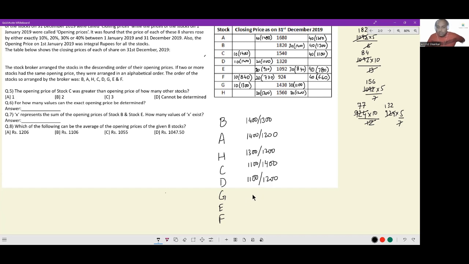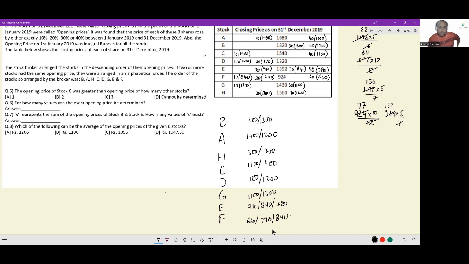For G, it is 1100 or 1300. For E, it is 910 or 840 or 780. And for F, it is 660 or 770 or 840. These are the possibilities.